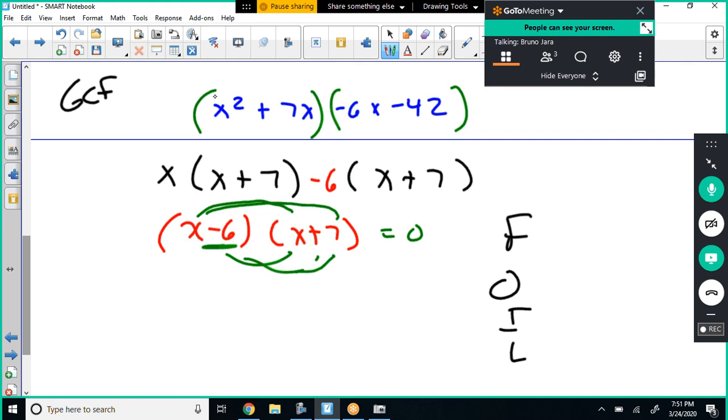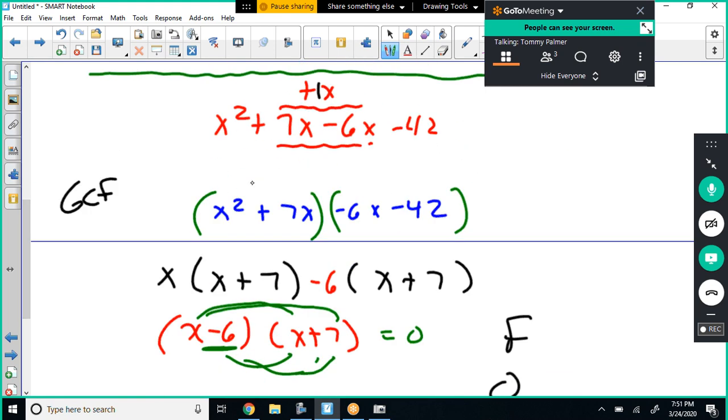Okay. What I did right here was, when you use the grouping method, which is a technique you use when the coefficient is other than a 1, you're splitting the linear term, and when you split it, you end up with 4 terms, right?